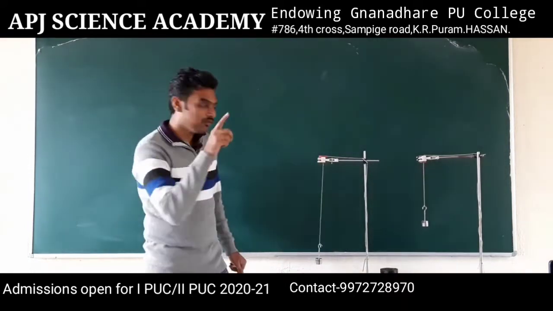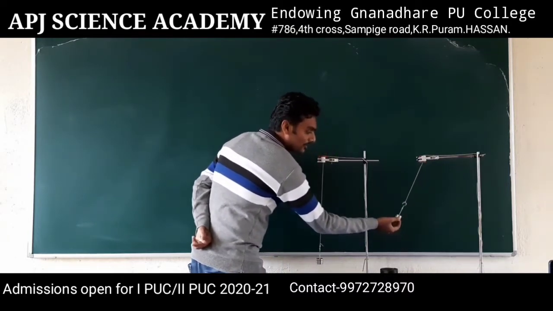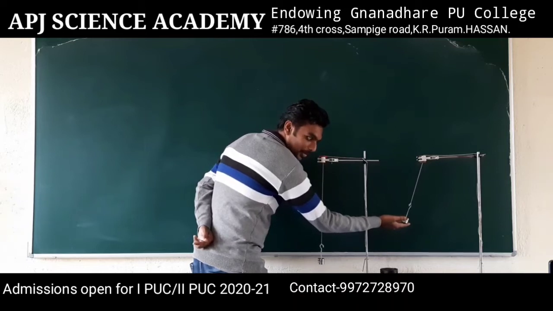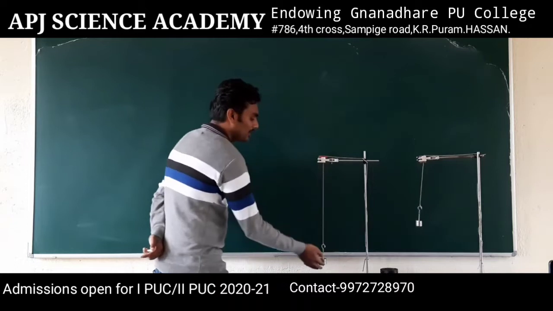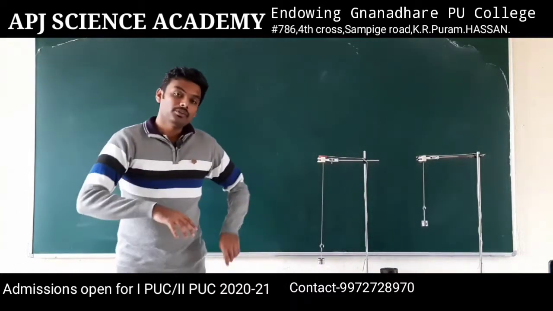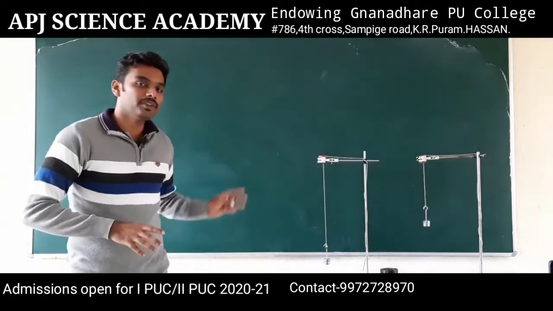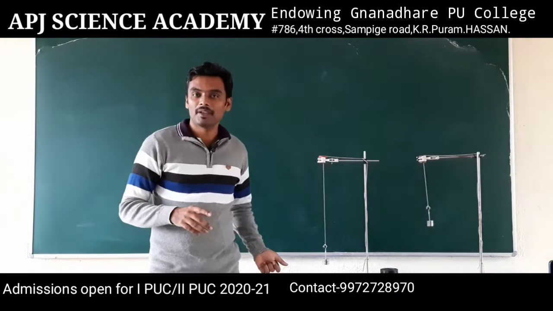Clear on that? For one complete motion, it starts from this point, I leave it, it comes back, so I will measure the time, and that time is considered to be the time period of this simple pendulum.